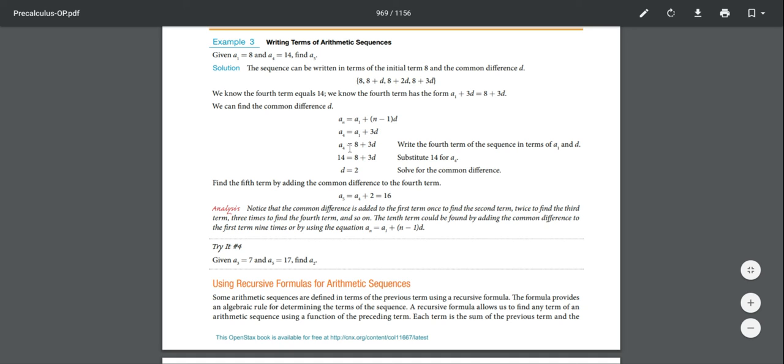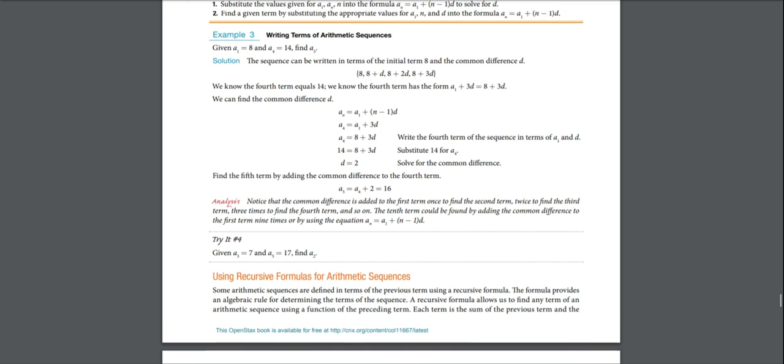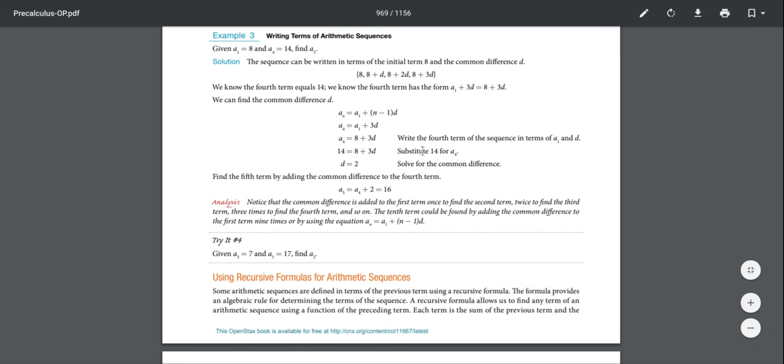Plug in the first and 4th terms and solve for d. Once I have that information, I can find any term that I want. If they give you 2 terms, that's probably the easiest way to find the common difference: just plug into the formula and solve for d.